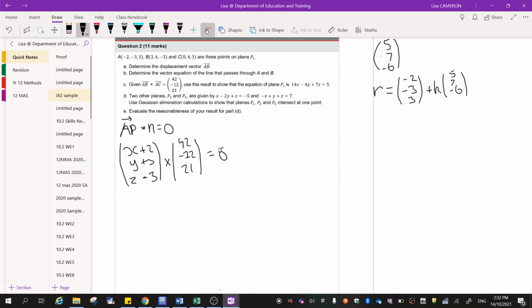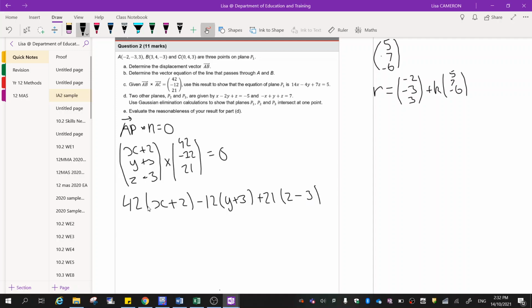So for this one, we're going to expand the brackets, like we do for other things. So we're going to write it out: 42(x + 2) minus 12(y + 3) plus 21(z - 3).